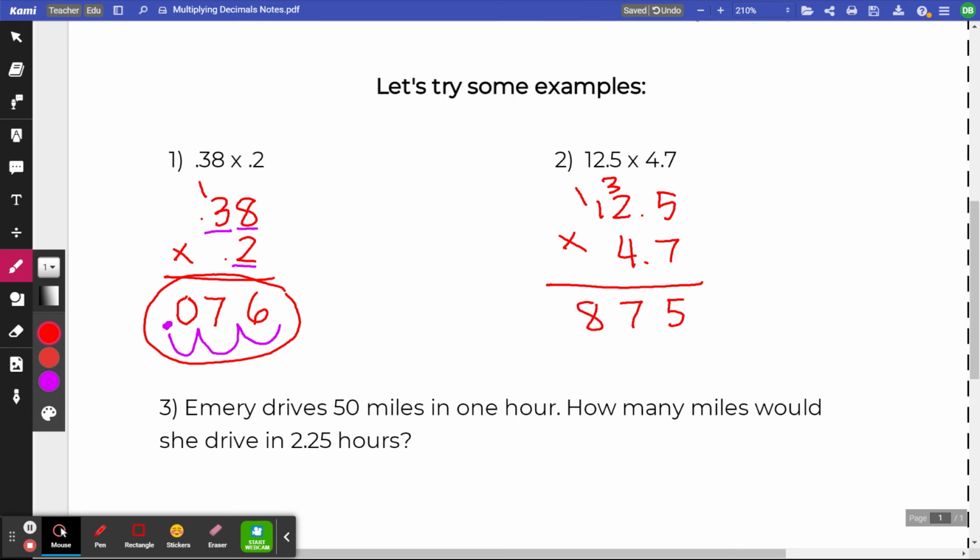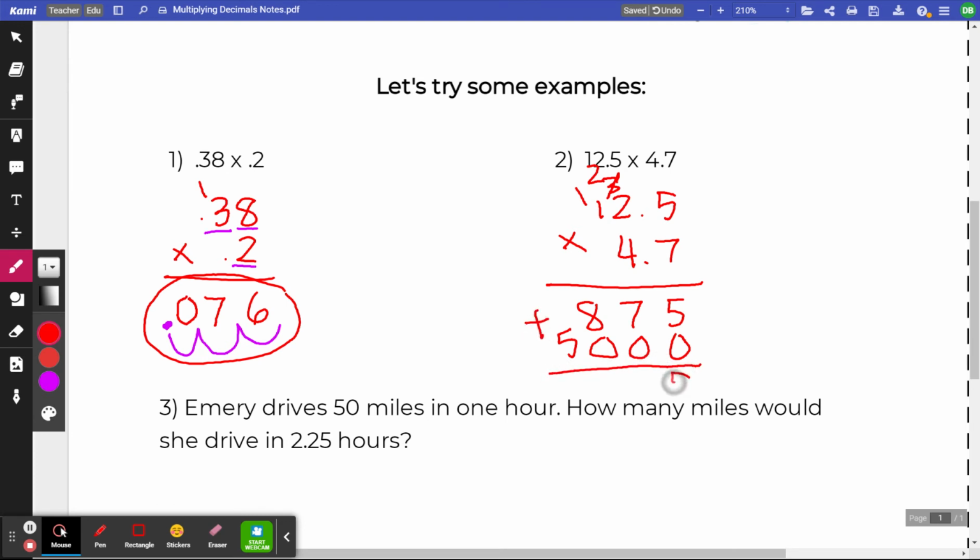And then I'm going to go down to my second row. Don't forget to start with a 0. Then let's see, 4 times 5 is 20, so I'm going to carry the 2. 4 times 2 is 8, plus 2 is 10. Carry the 1. 4 times 1 is 4, plus 1 is 5. And then I'm going to add up my 2 rows.